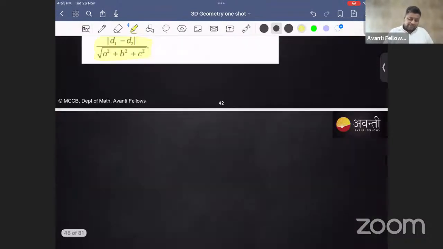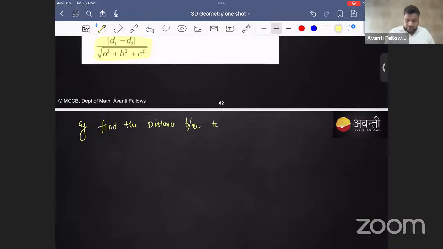Got it? Like a simple example, if I ask you, find the distance between two planes 2x plus 3y minus 4z equals to 7 and 4x plus 6y minus 8z minus 2 equals to 0.